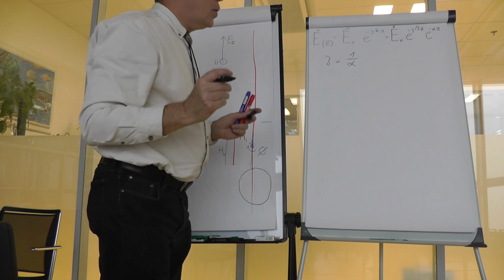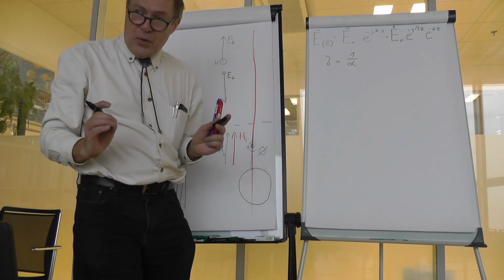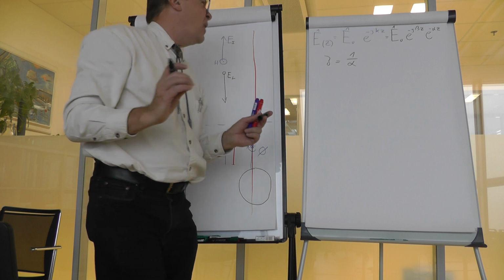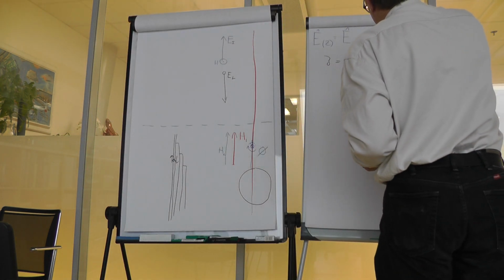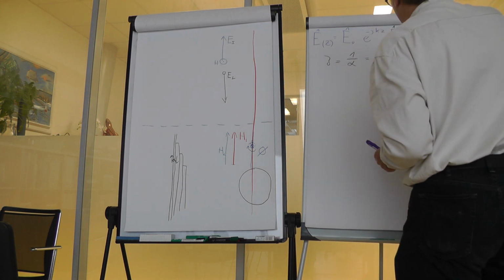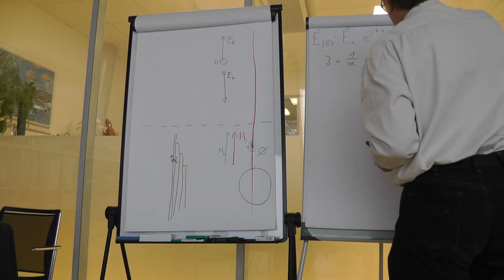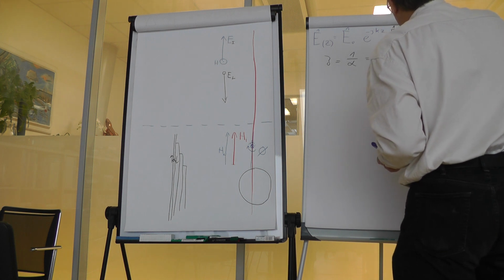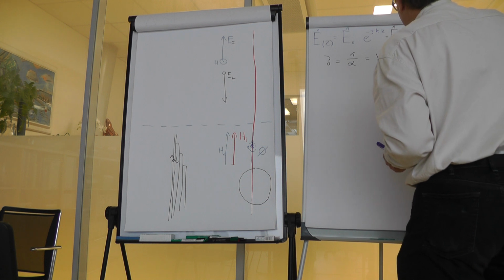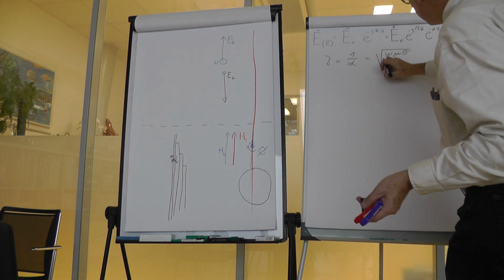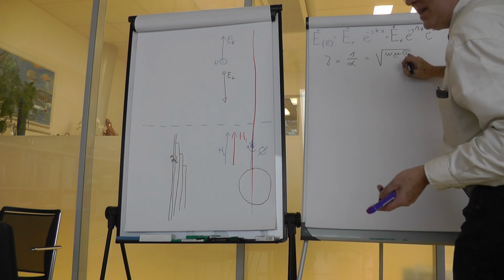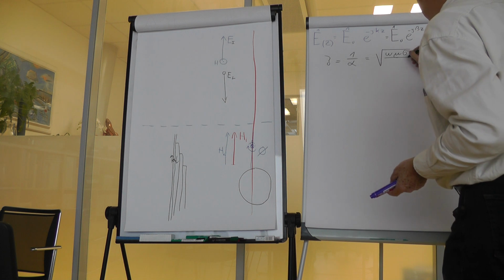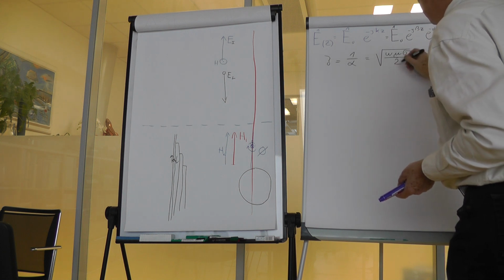and this, for good conductors for which this has good sense, can be found out like a square root of a fraction which in numerator has ω, the angular frequency, μ, permeability, σ, which is the specific conductivity of the material, divided by 2.